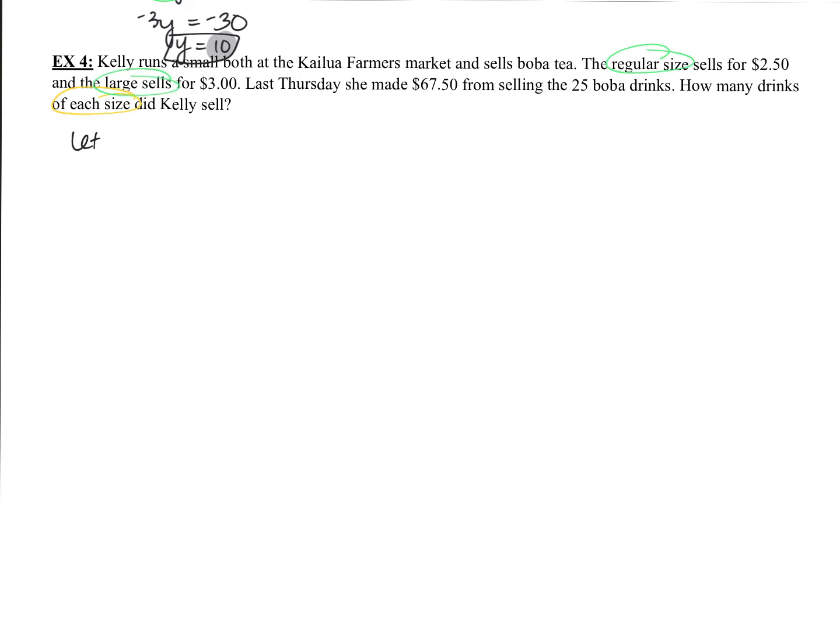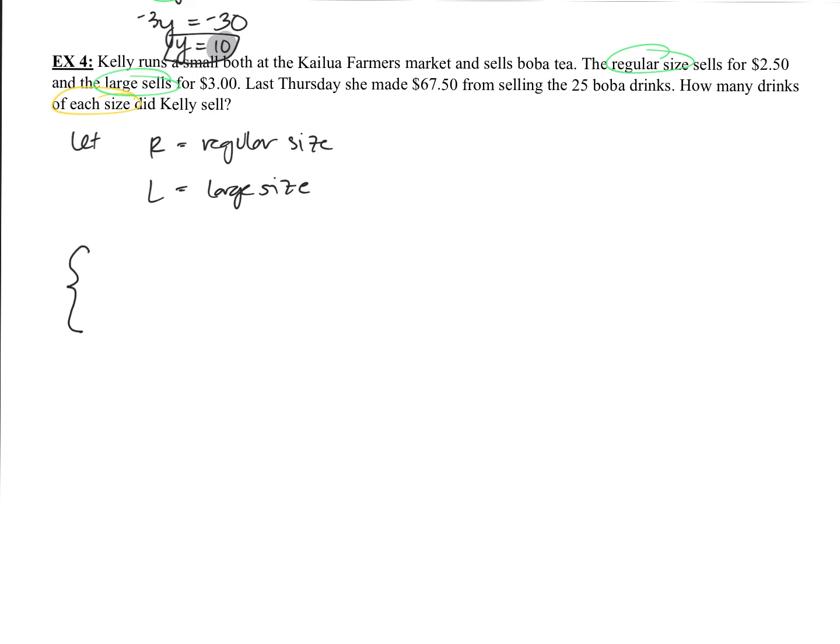Let R equal the regular size, and let L equal the large size. You could use X and Y if you want to. I just thought I'd make things a little more fun, you know? Now we're going to set up the equations. Once again, two variables means we need two equations.